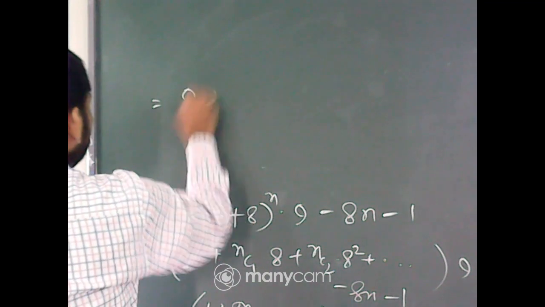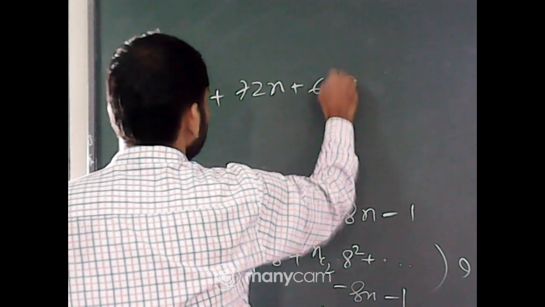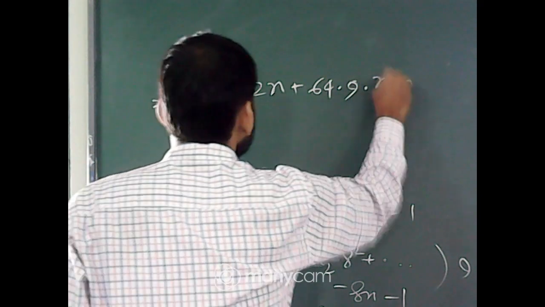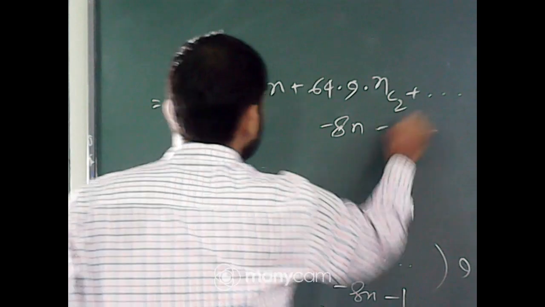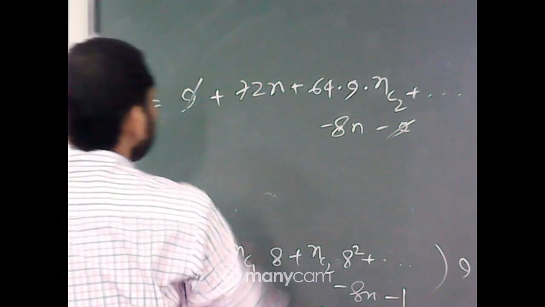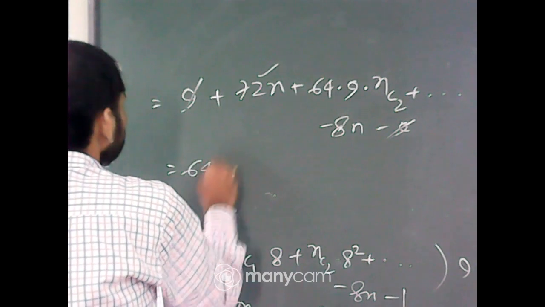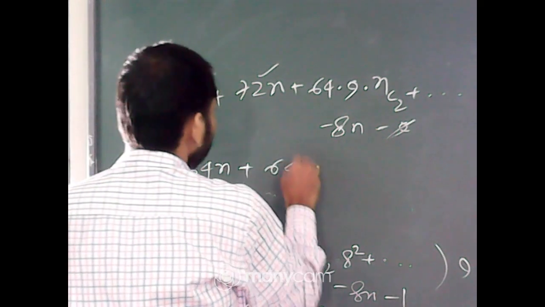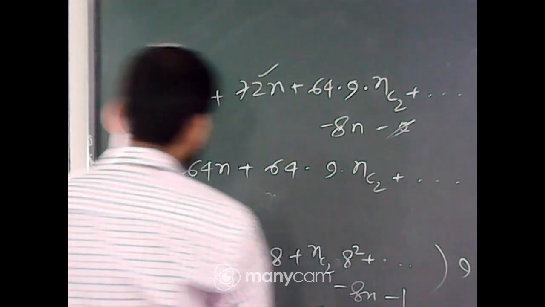That is 9 plus 72n plus 64 into 9 into nC2 plus dot dot dot minus 8n minus 9. 9 will be cancelled out, and then 72n minus 8n will give you 64n plus 64 into 9 into nC2 plus dot dot dot.